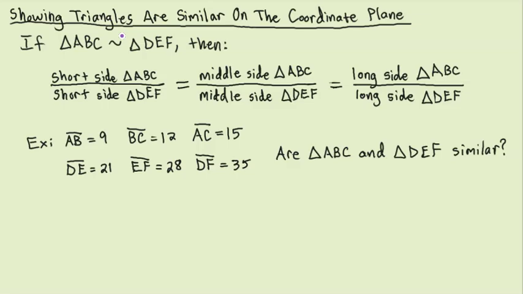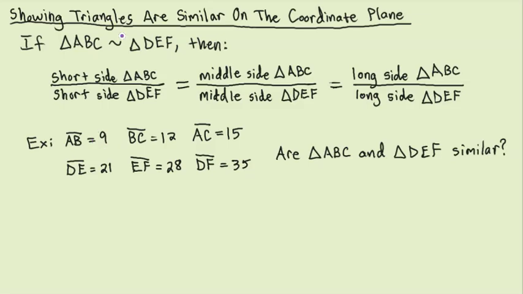It means that the sides are proportional to each other by a common factor or a common proportion. Okay, so let's do an example. Let's say that we have triangle ABC and triangle DEF. Let's say that segment AB is 9.